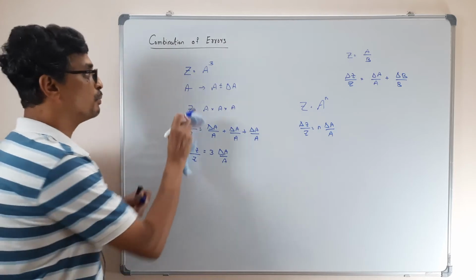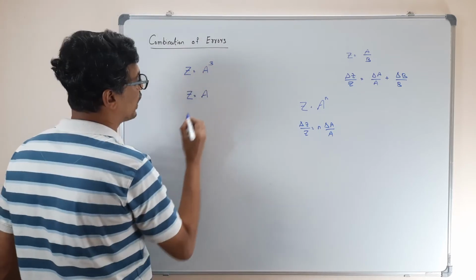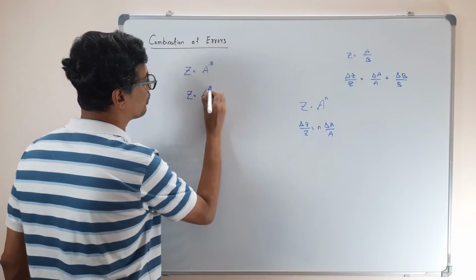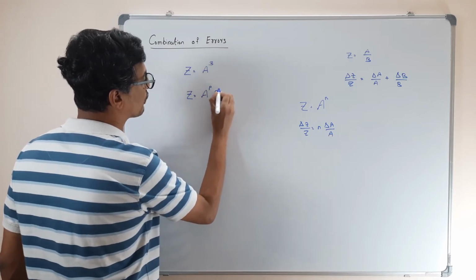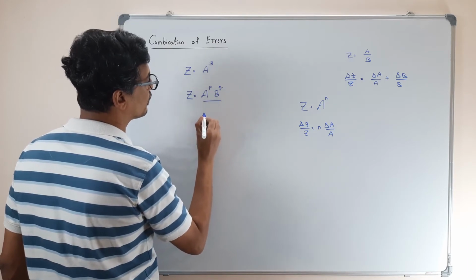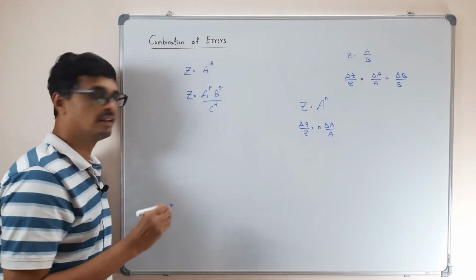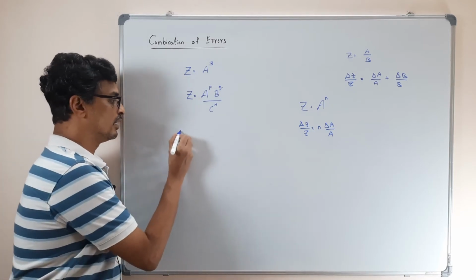Or there are many components. Usually in an experiment, suppose you have a quantity A to the power of P, B to the power of Q, and C to the power of R. Tell me what will be the relative error?